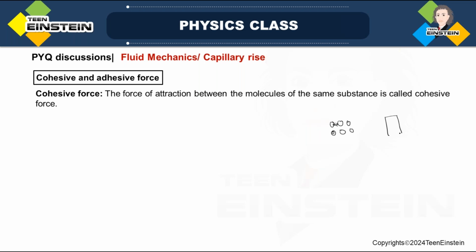If I have a solid substance, there are molecules inside it. So these solid molecules, the attraction between the molecules is called cohesive force. That means the forces between molecules of the same substance is cohesive force.